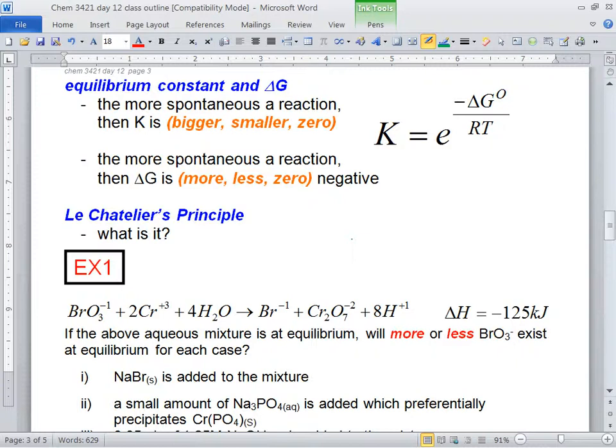Big R, what's big R in this? We saw it before.